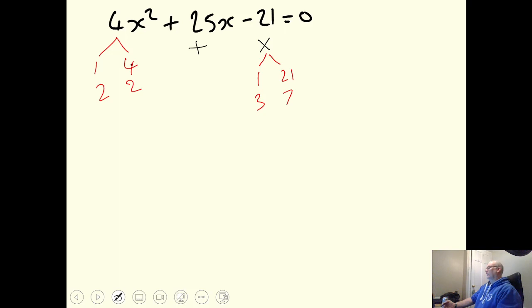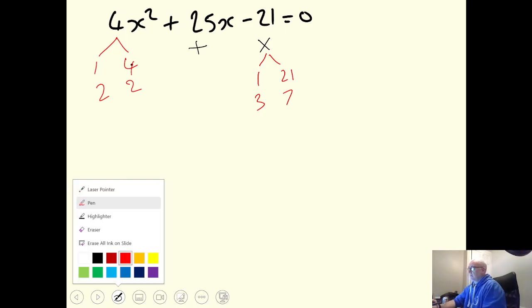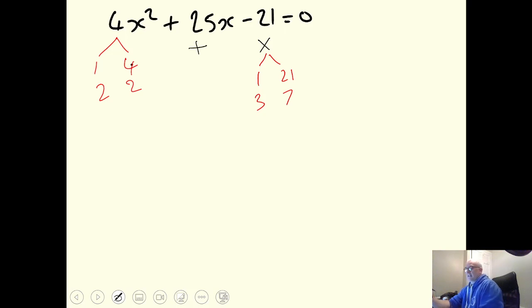Okay, so looking at this, and again, you can do this if you want to think about how they would look in the brackets. So let's say we've got 4x plus 1 and x plus 21. So you're imagining what's going to happen in each case.